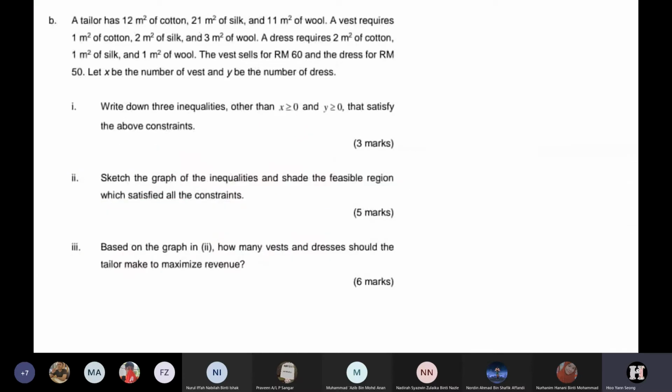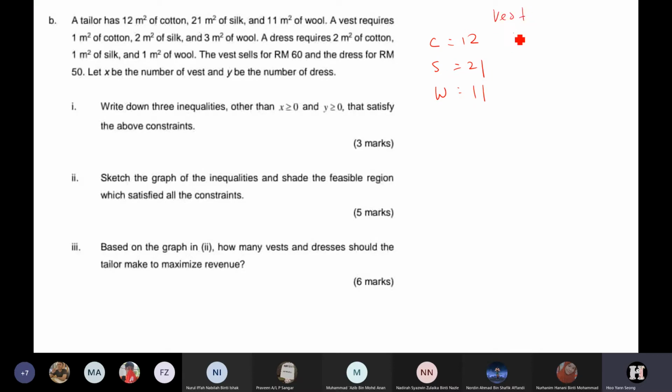The second question is a passage that you need to transfer into equations. A tailor has 12 meter square of cotton, 21 of silk, and 11 of wool.